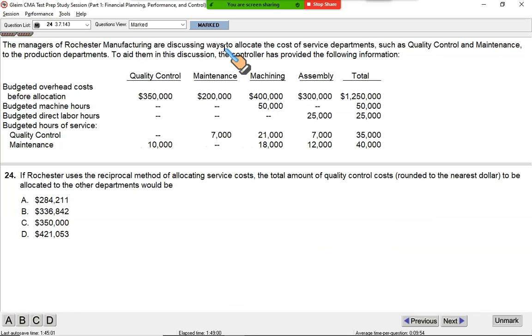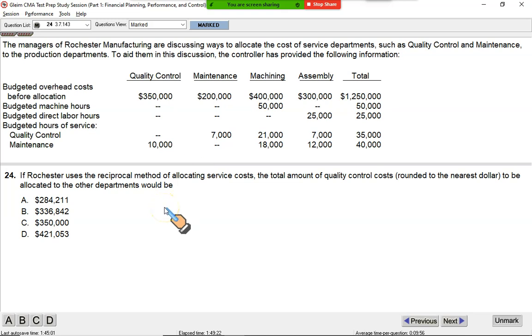What is the reciprocal method? Under the reciprocal method, quality control serves maintenance, machining and assembly, and maintenance serves quality control, machining and assembly. And then this goes on, and the cost is accordingly allocated.